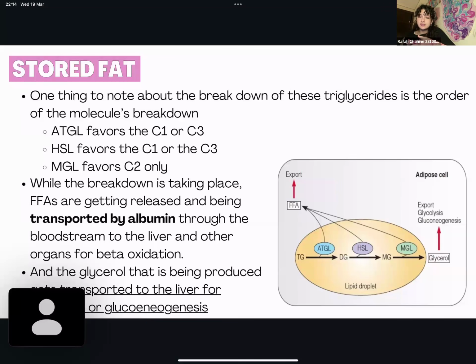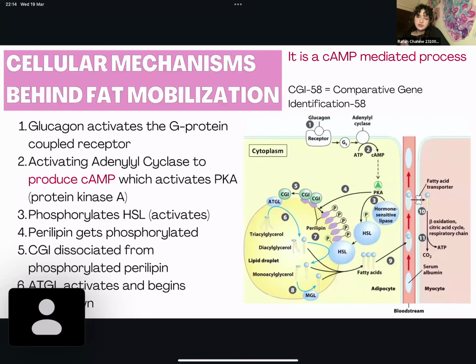In the case of fatty acids, they are actually going to be transported by albumin through the bloodstream until they reach the specific organs for beta oxidation. So now we get to this slide where we're going to talk about the intracellular mechanisms behind how all of this happens. Now, we're going to go step by step. So we have in this slide steps 1 to 6, and then we're going to move on to step 7 to 11.